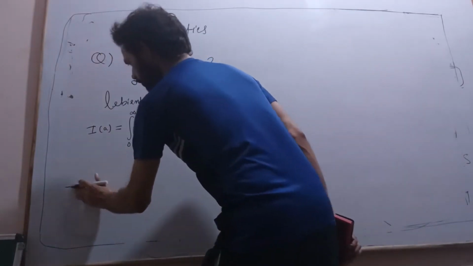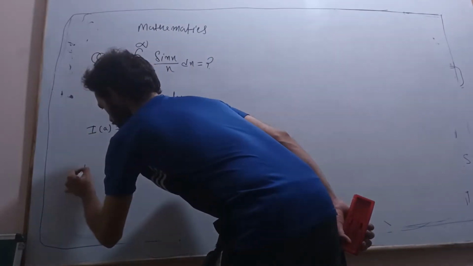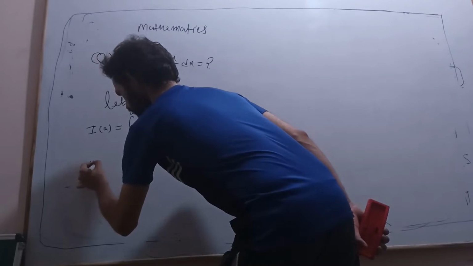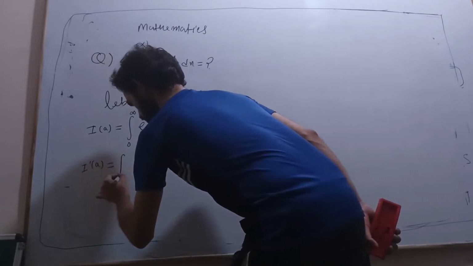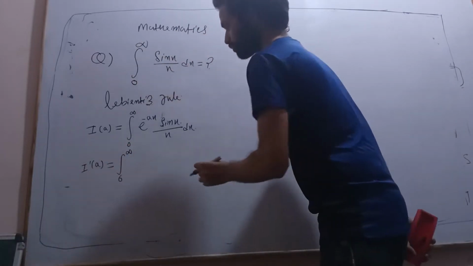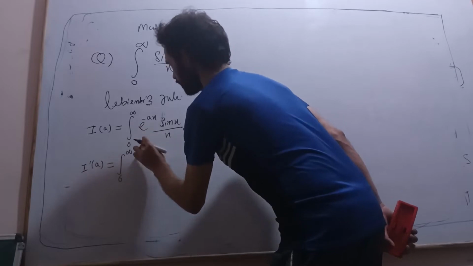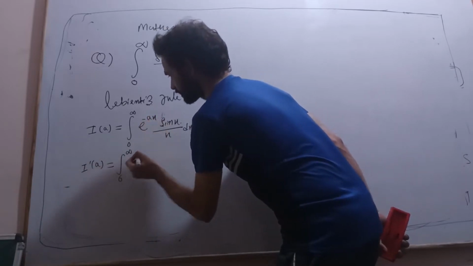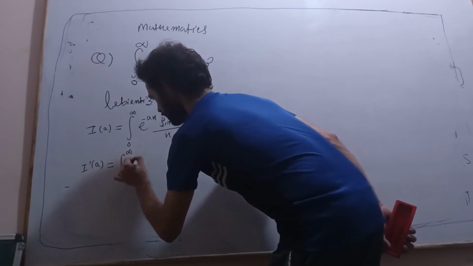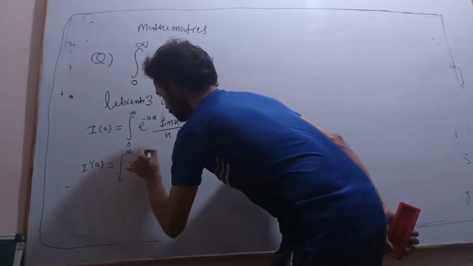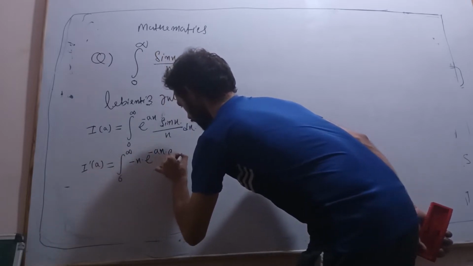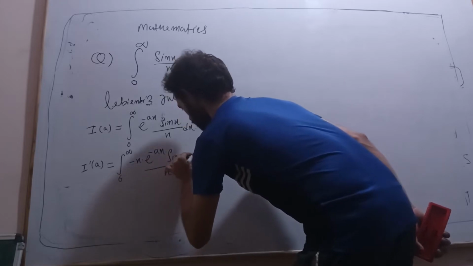Now, just differentiate this with respect to a on both sides. That is, I dash of a is equal to the integration from 0 to infinity. Differentiation of e to the power minus ax with respect to a is nothing but minus x into e to the power minus ax, into sin x divided by x dx.